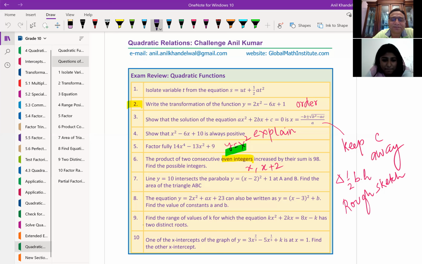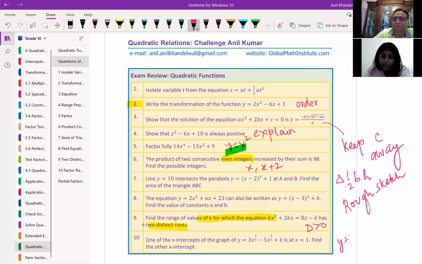Then finding the range of values of k, yeah, so clearly it states 2 distinct roots, so when you see that, you know you have to use the discriminant, and it has to be greater than 0. Yep, and then 10, again, this is like question 5, it's finding that relation between the exponents, so we can make any variable.